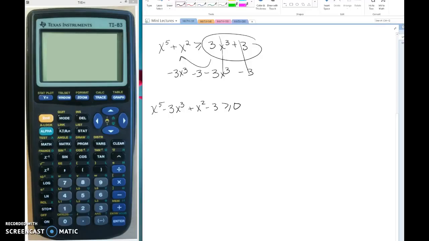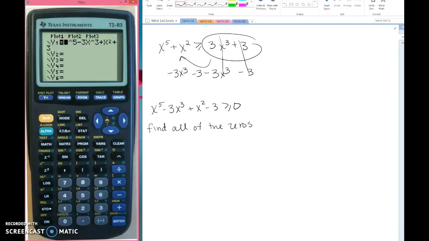Now, the next thing we need to do is find all the zeros of this quintic, which is the term for something to the fifth. Now we don't have anything like the quadratic formula since it's x to the fifth, so we're going to start by using our graphing calculator.